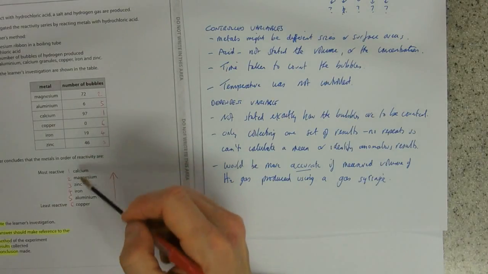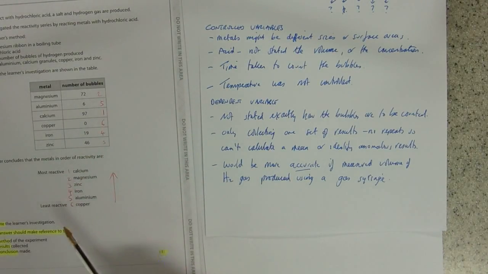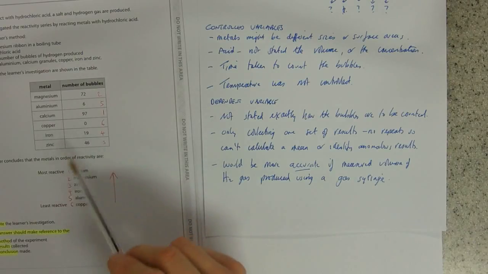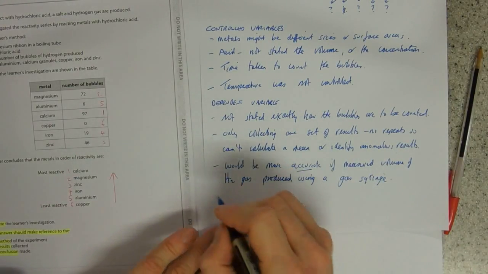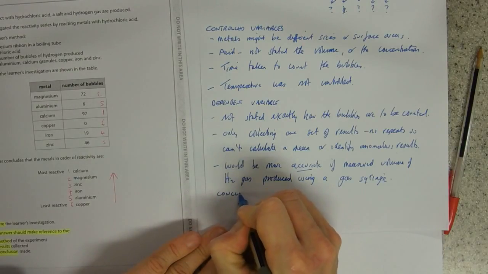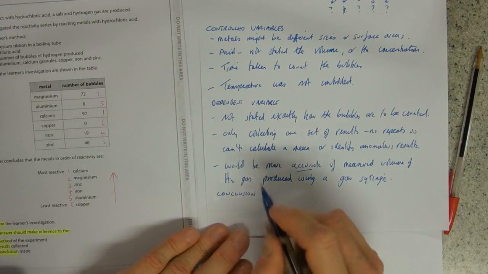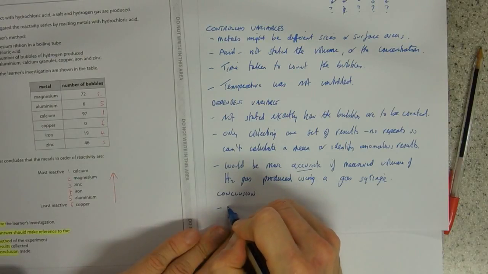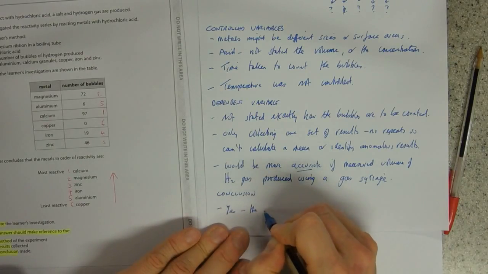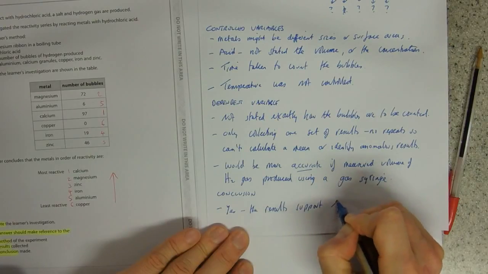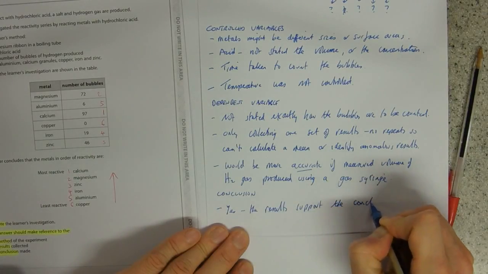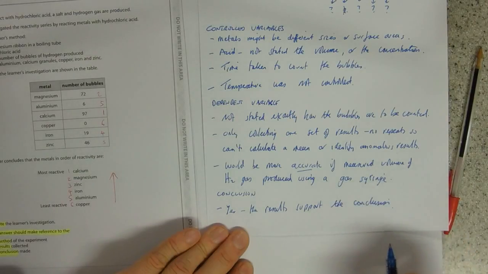So do their results support their conclusion? Yes, they do. They've put them in the right order compared with their results. So we need to say that conclusion, yes, the results support their conclusion.